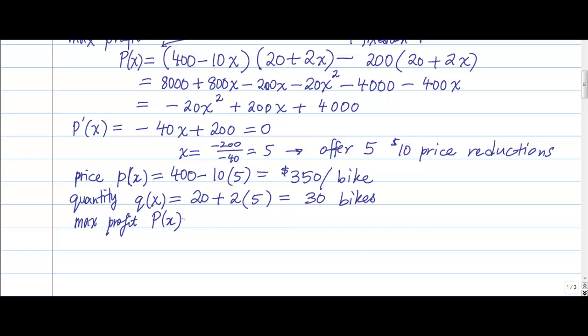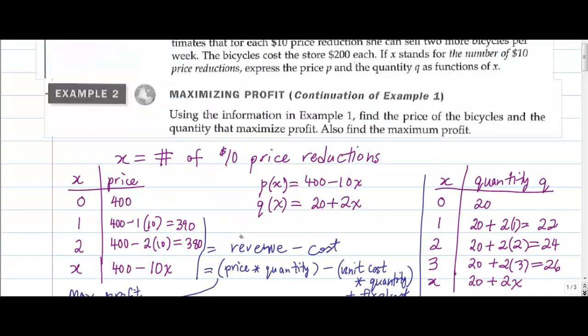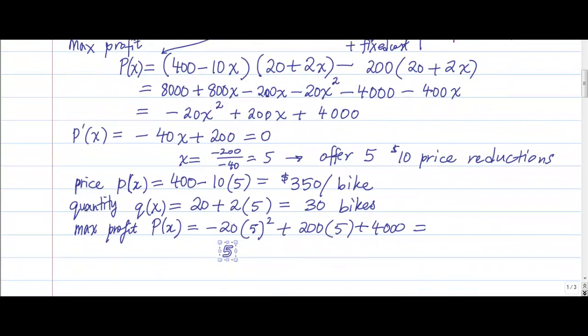Capital P of x. Okay, so we're plugging in, our profit function is right here, so that's minus 20x squared, which is 5 squared, plus 200 times 5 plus 4,000. Okay, so what does that give me? 5 squared is 25 times 20. Whoops.